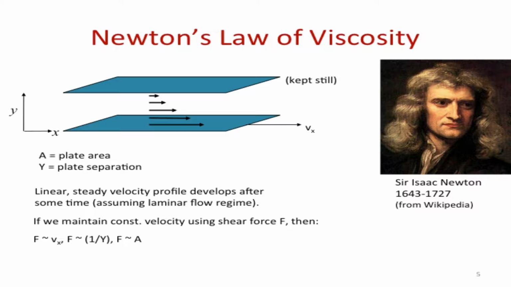I would expect that. It's inversely proportional to the plate separation. Okay, so the larger the separation, the smaller the force. And then it's also proportional to the area of the plates.